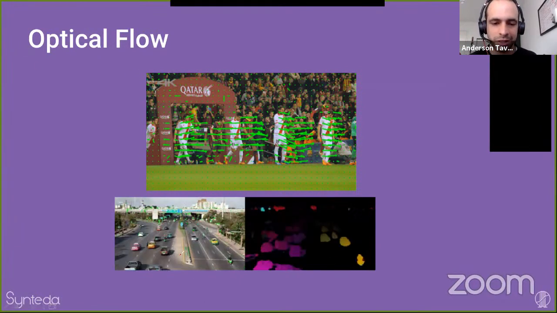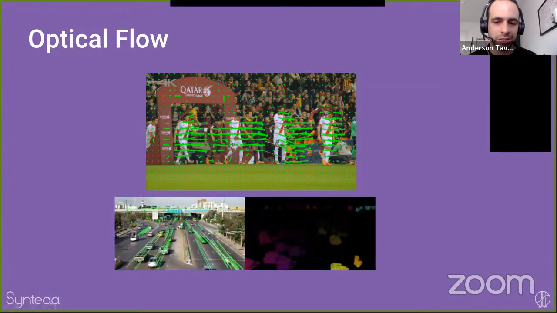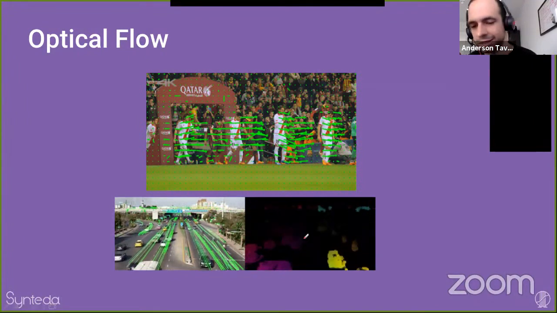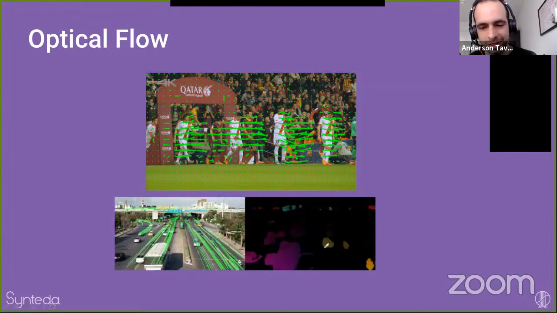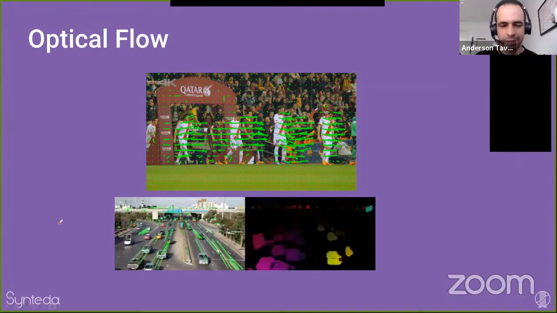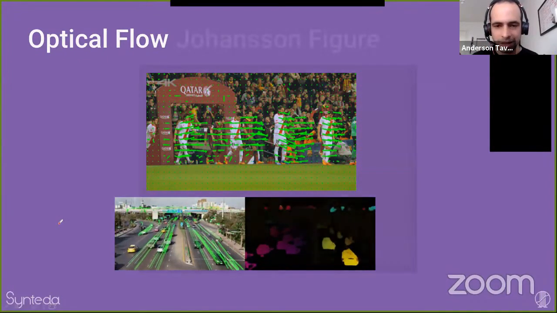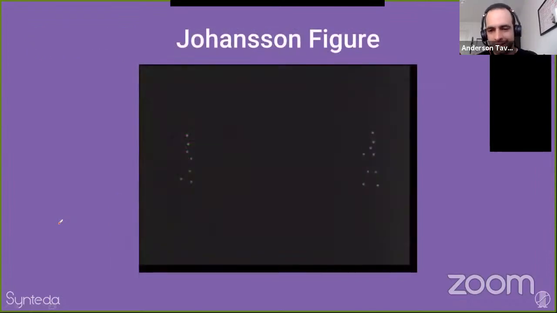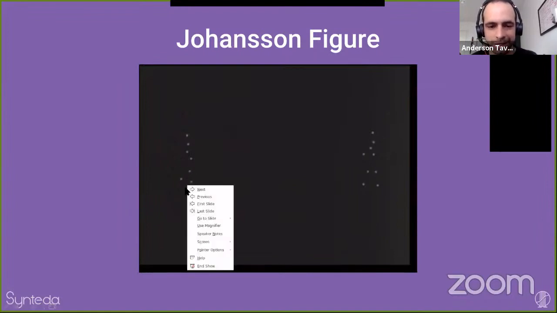So we could use optical flow to detect the motion and help us to detect objects as well. And one thing which is really interesting is that we don't even need the color information, edges, colors, or any kind of information to detect the motion.